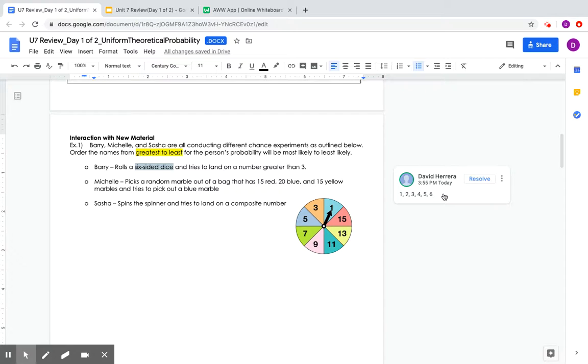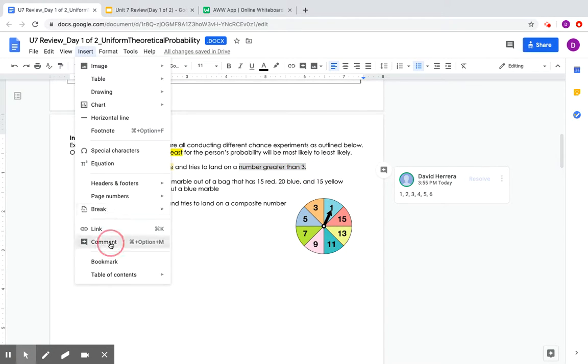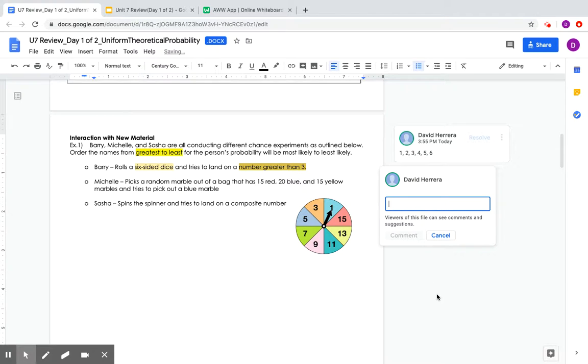All right. Next step is to find the desired outcome, right? What is the question asking us to find? They want us to find a number that is greater than 3. So I'm going to make another comment right here. Which numbers are greater than 3?